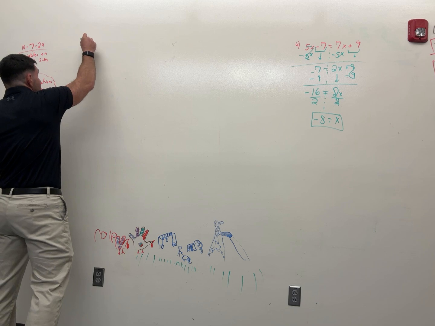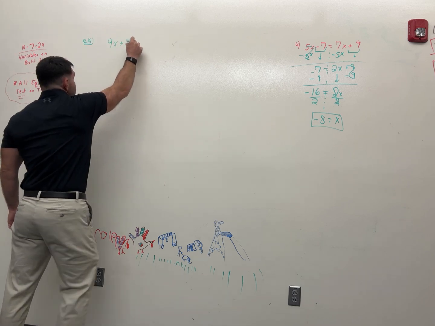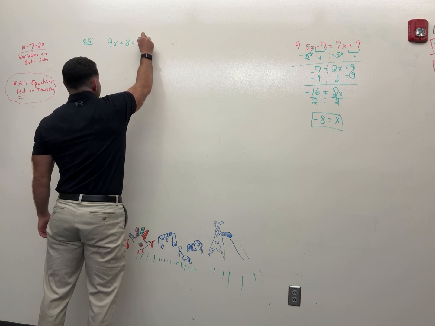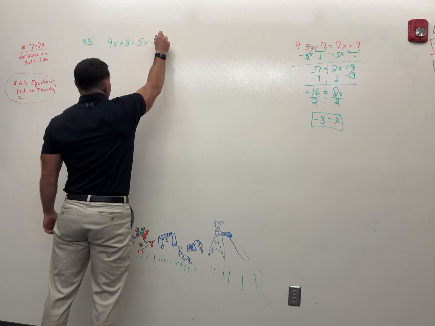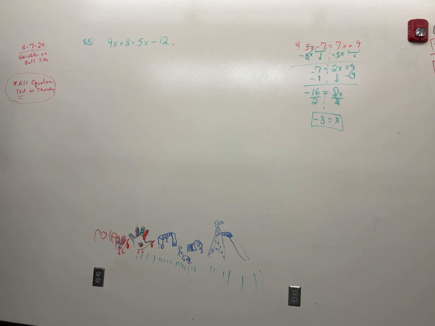So here's example 1. We have 9x plus 8 equals 5x minus 12. Before we jump right into it, I'm going to go over your sheet with your rules.